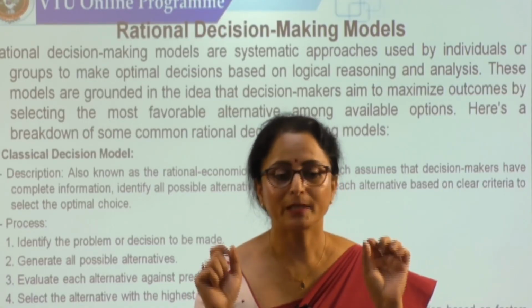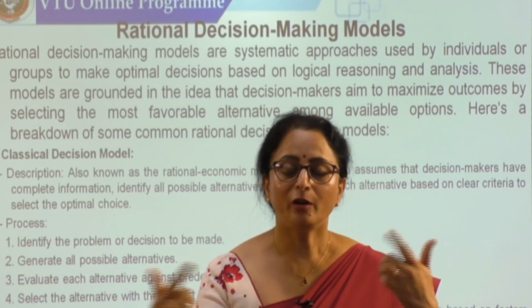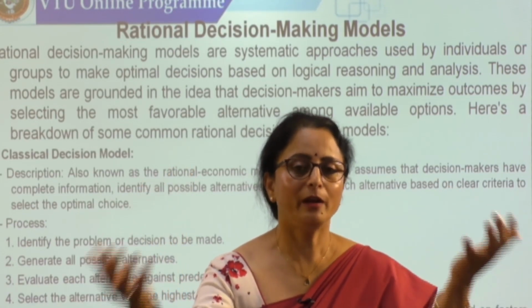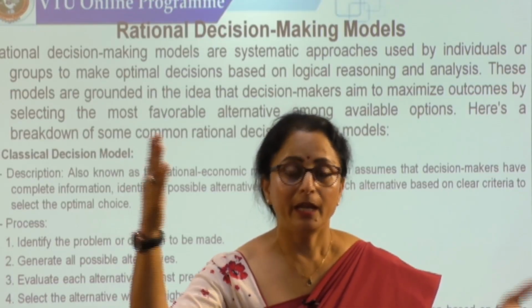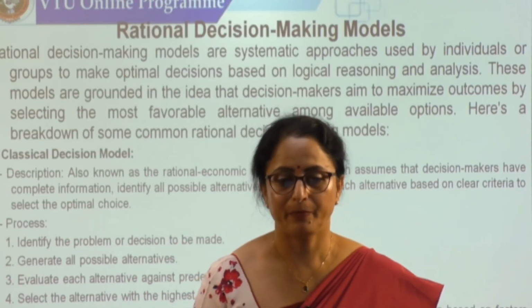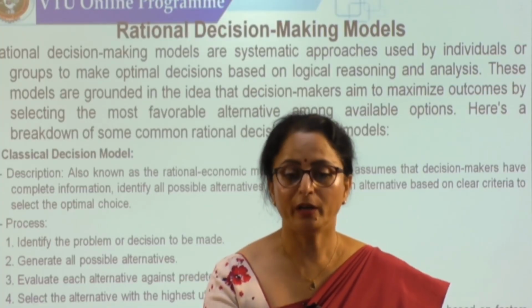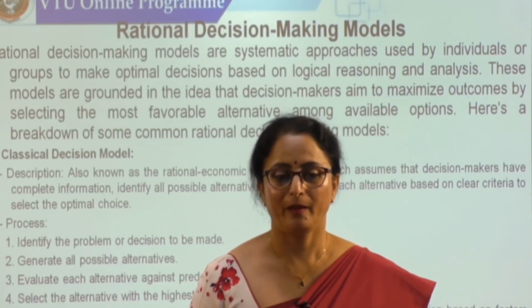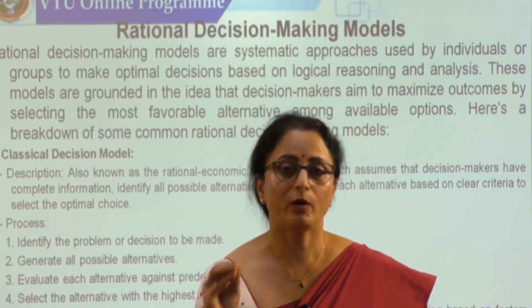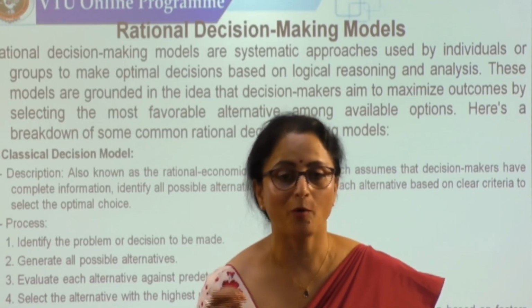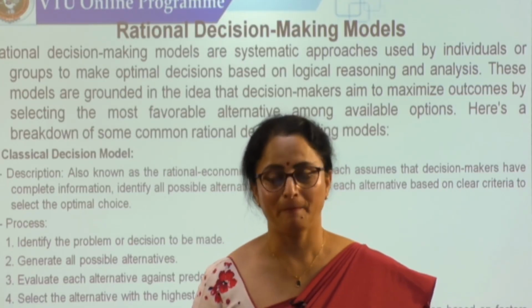Once the problem is identified, generate all the possible alternatives. When you generate all the alternatives, evaluate each alternative with cost benefit analysis. Select the best alternative which has the highest value or utility. This is the first model, the economic model or rational economic model, the classical decision model.